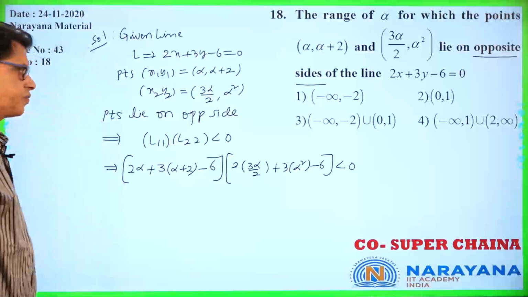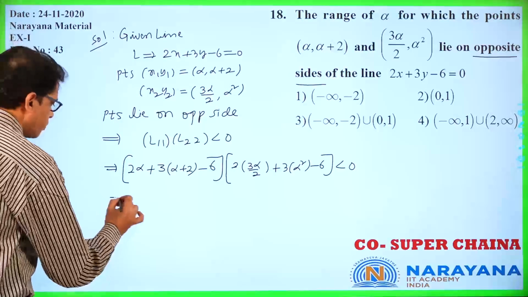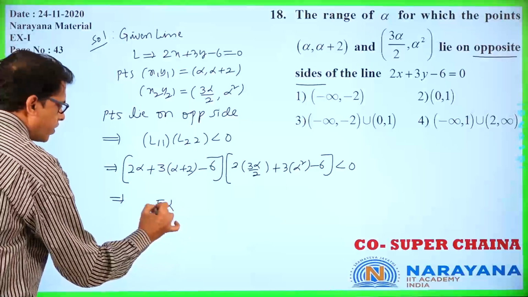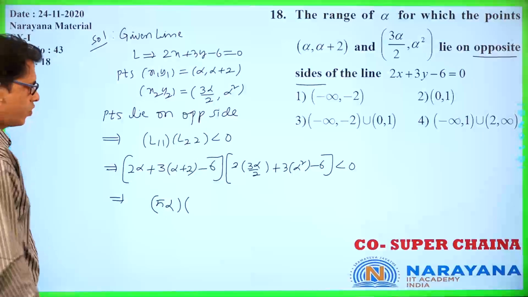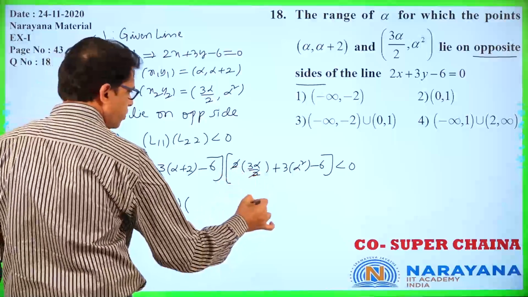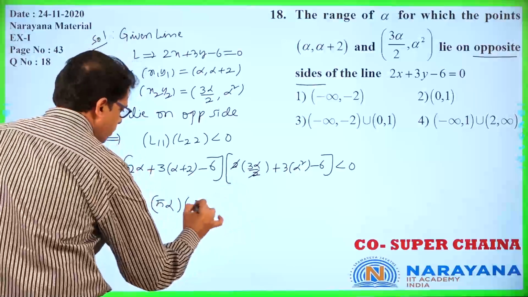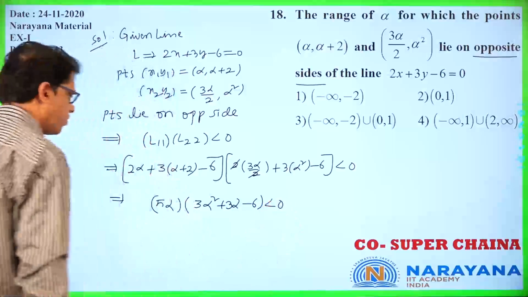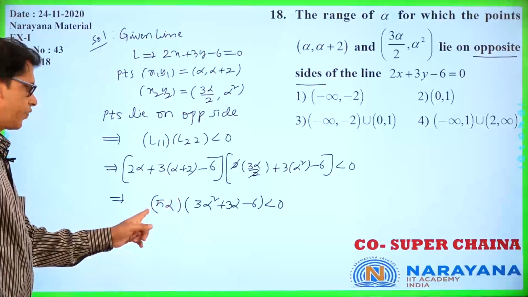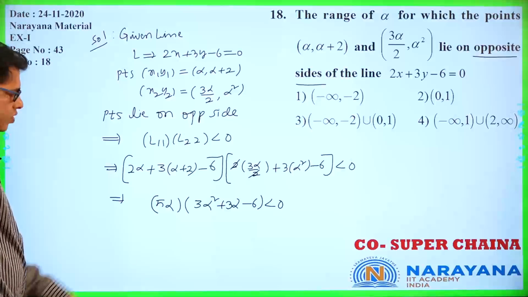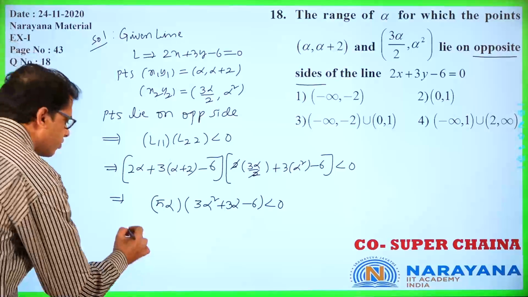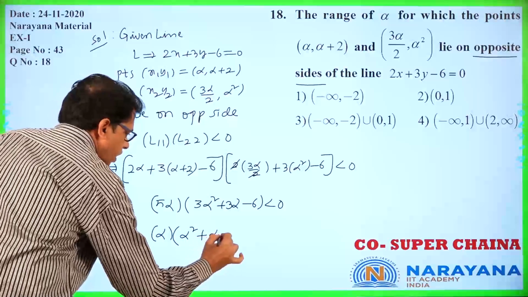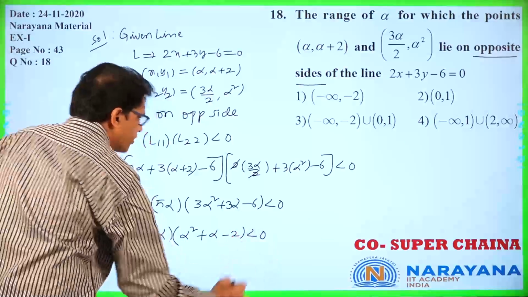Then what do we get? 3 alpha and 2 alpha make 5 alpha, and the 6 cancels out, so we get 3 alpha square plus 5 alpha minus 6... Here you can take 3 common; dividing by a positive number keeps the inequality sign the same. That implies alpha into alpha square plus alpha minus 2 is less than 0.